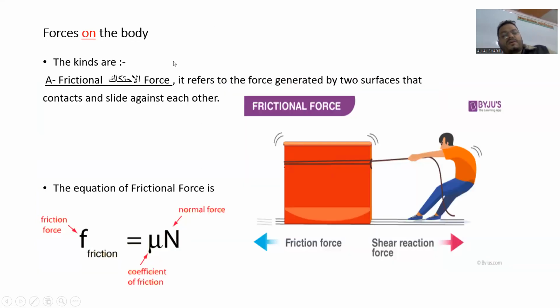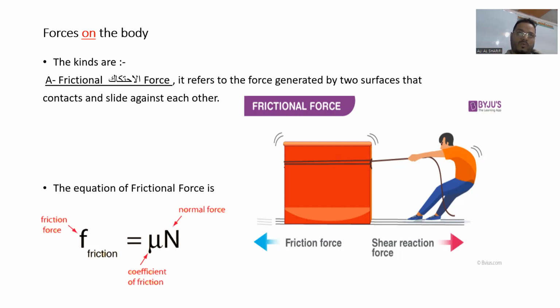Let me start from the first one, frictional force. When we deal with some heavy object and we try to pull it from point to point, this force will be clear. Here it refers to the force generated by two surfaces that contact and slide against each other.